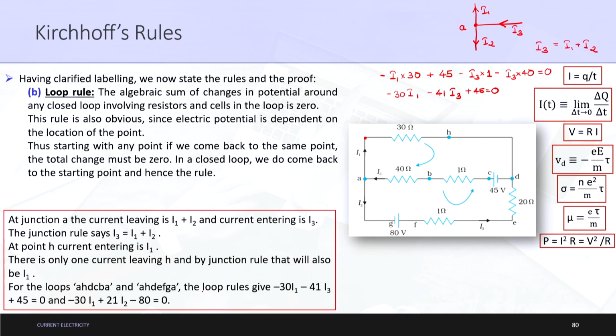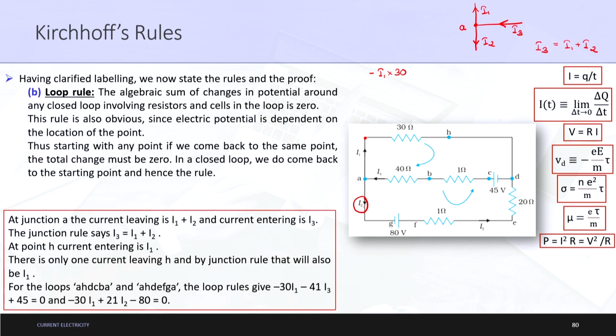Now let me derive the second equation similarly in this manner. As you can see, the second loop is nothing but this complete big loop. So let us move on to this big loop now. If we start from this portion here, it will be again minus I1 into R, so minus 30 I1, then D, and then this 20 ohms is quite evident.